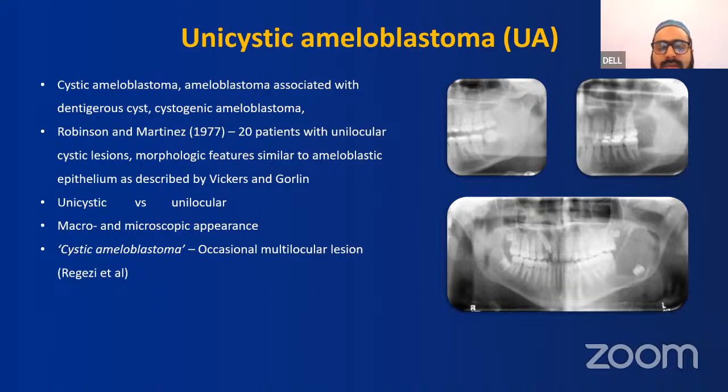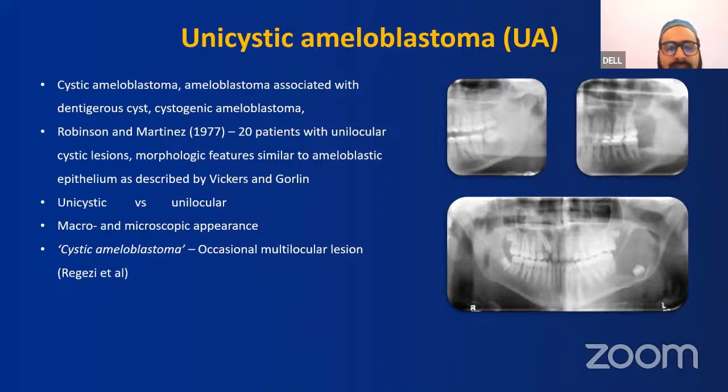On the radiograph there is only a single locule of the lesion, and unilocular can also be solid multicystic ameloblastoma. So there is a difference between unicystic and unilocular, and we have to carefully use the words while describing unicystic ameloblastoma.